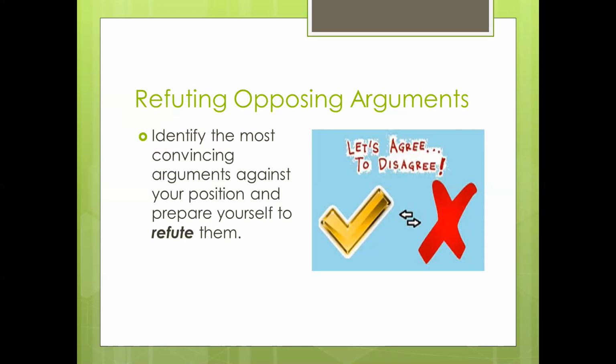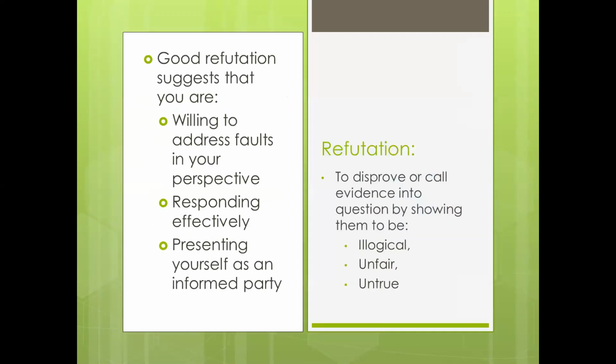As it says in this page, you should identify the most convincing arguments against your point of view and then refute them. Because again, a good refutation suggests that you respond effectively to criticisms, you present yourself as a more informed writer, and you're willing to address potential faults that may be part of your perspective.